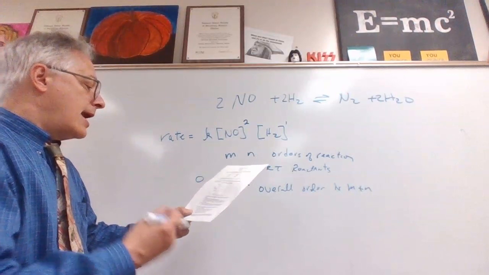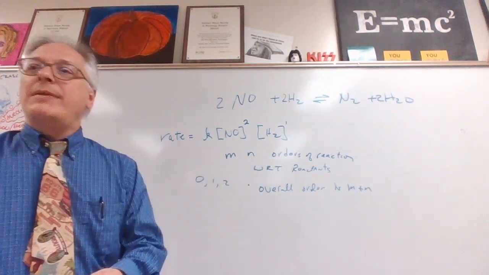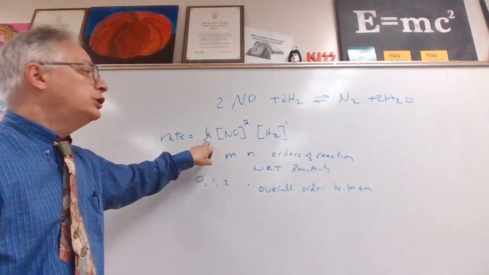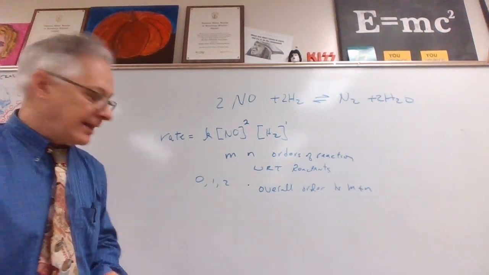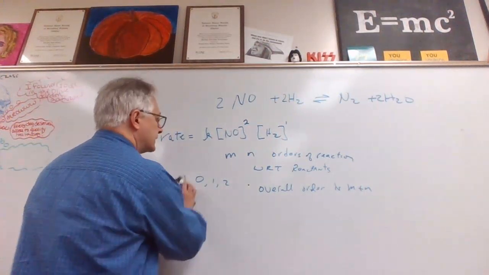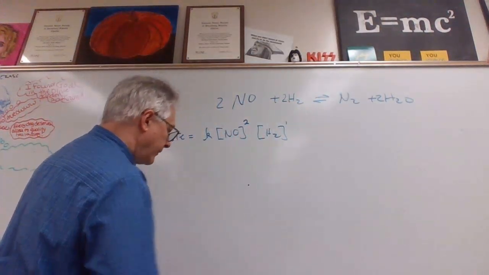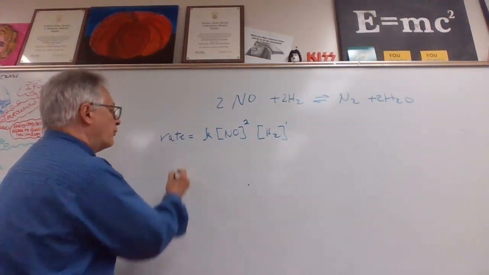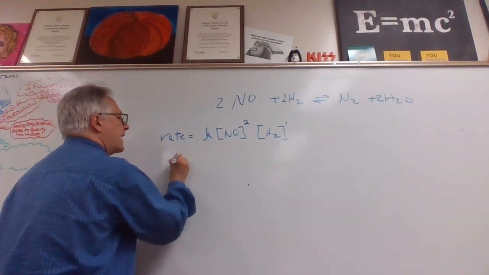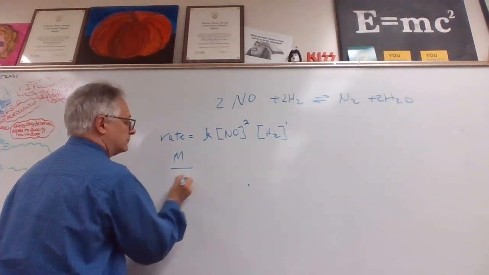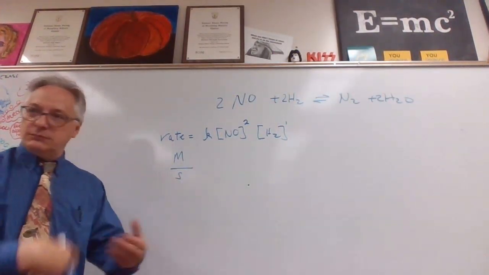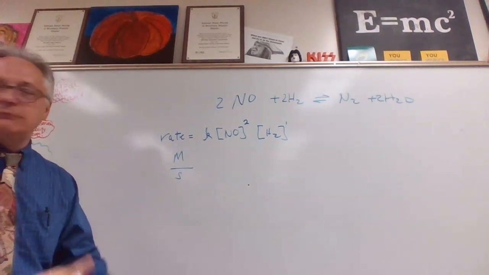Because you're correct. Now, what about the rate constant? What is the unit on the rate constant? Let me show you how to get that. Rate constants, unlike equilibrium constants, need a unit. So rate is always going to be molarity per unit time. Could be molarity per second, molarity per minute.